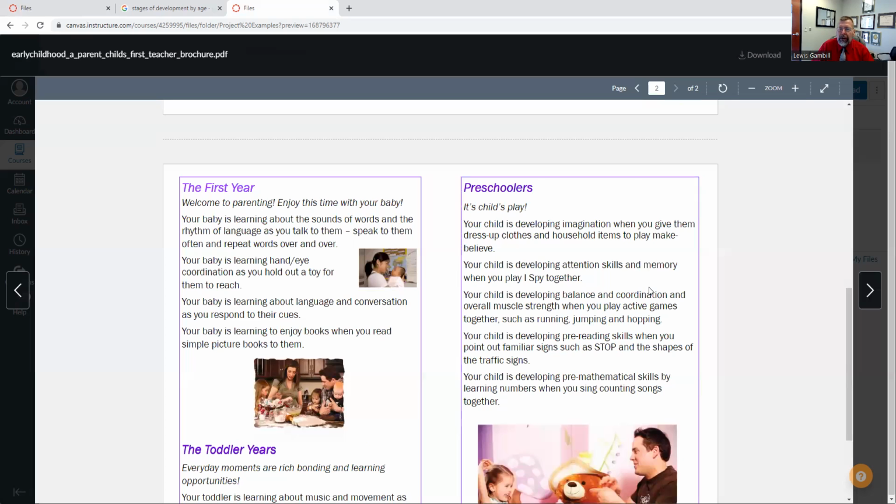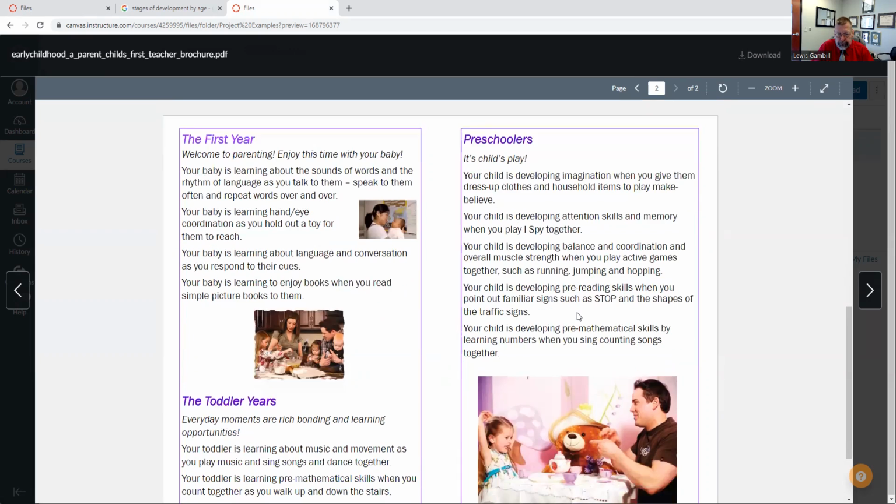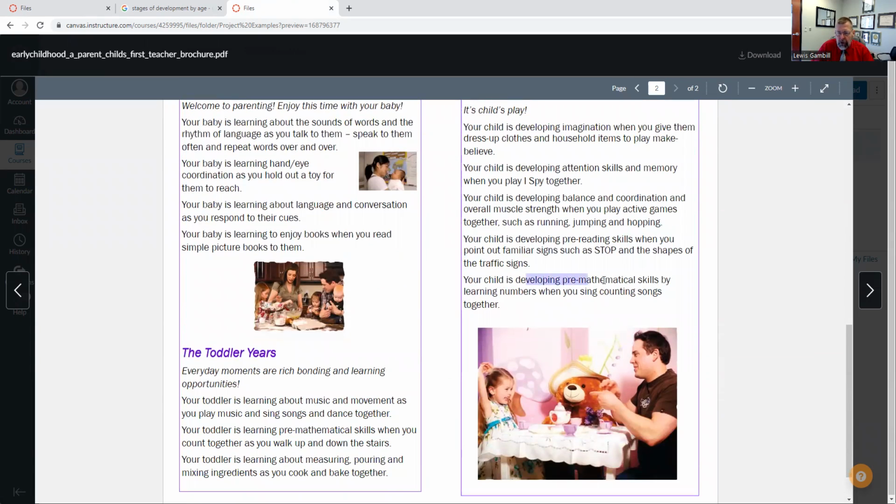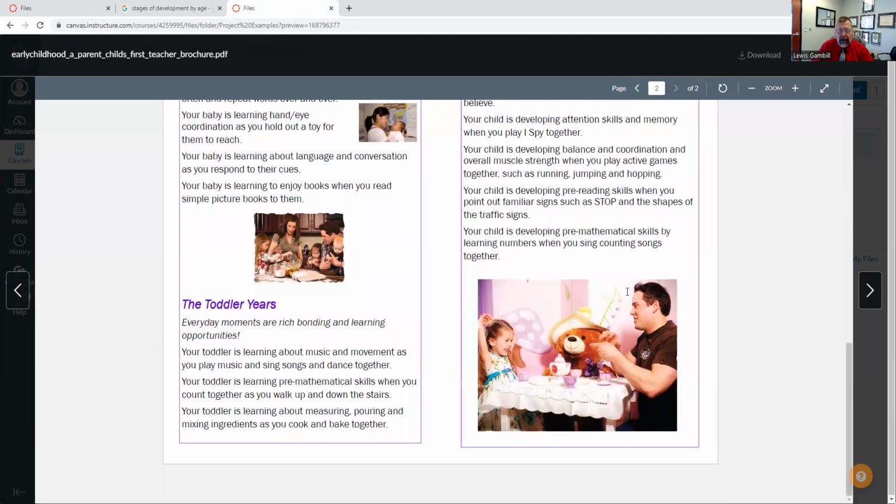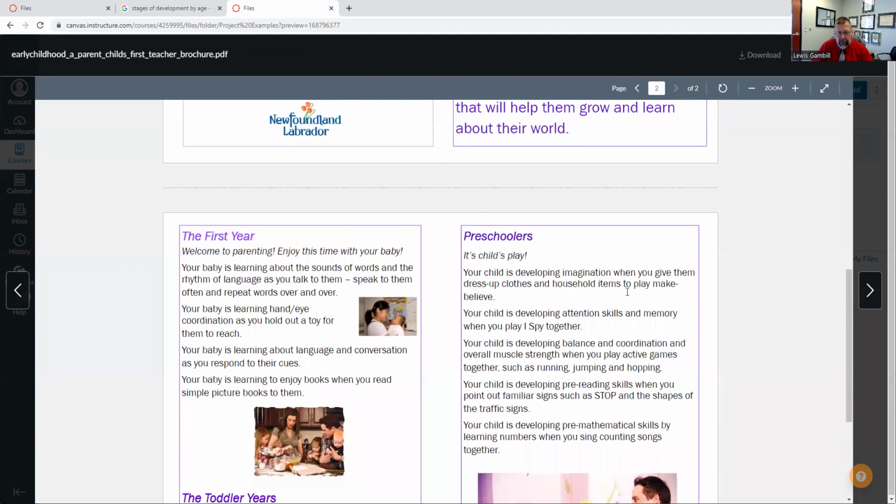What can a parent do to help reinforce that or to help teach the development of attention skills and memory? Play a game of I Spy. Your child is developing pre-mathematical skills by learning numbers when you sing counting songs together. So basically, you're identifying what is happening during that developmental stage and giving parents some suggestions of how you reinforce that.